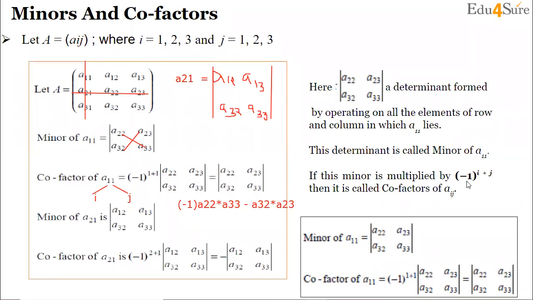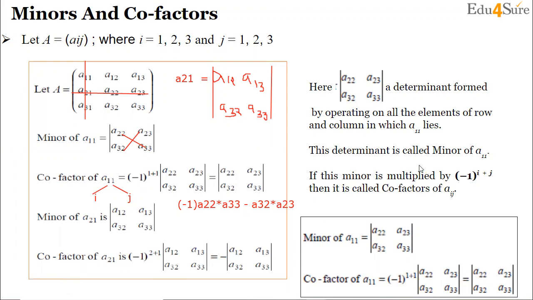So this cofactor is (-1) to the power i plus j times the minor, and whatever it becomes, that will be your cofactor. The cofactor of A21, as I've given you as an example: the resultant matrix (-1) to the power 2 plus 1 will become 3, right? So (-1) cubed gives you -1 into the result of this, so you will get a negative, right?